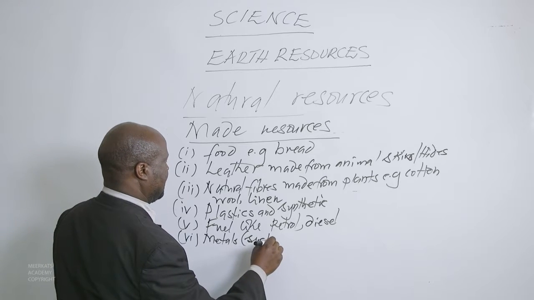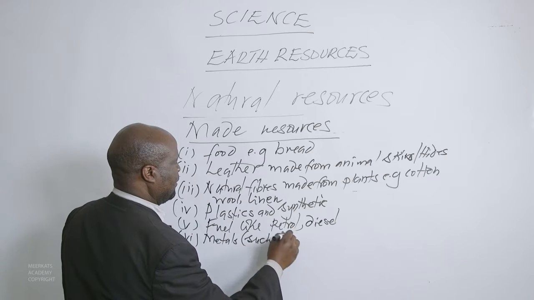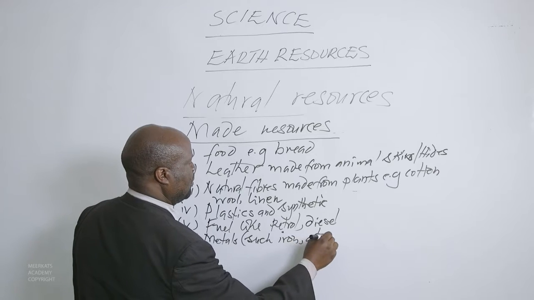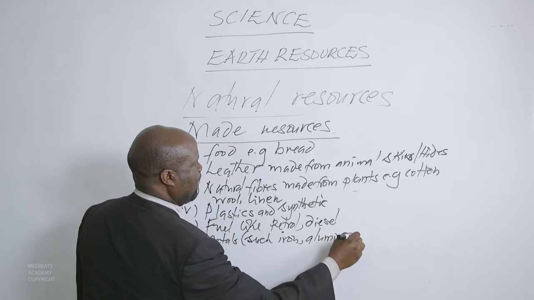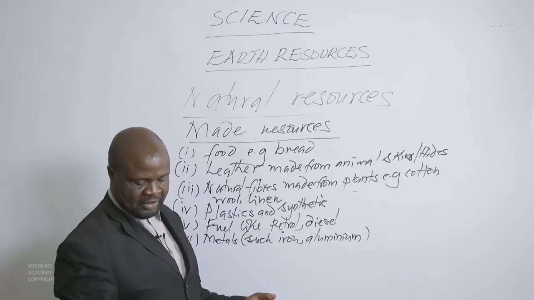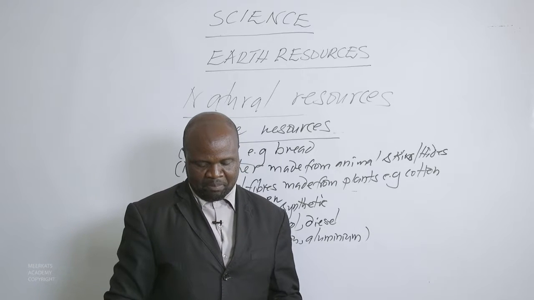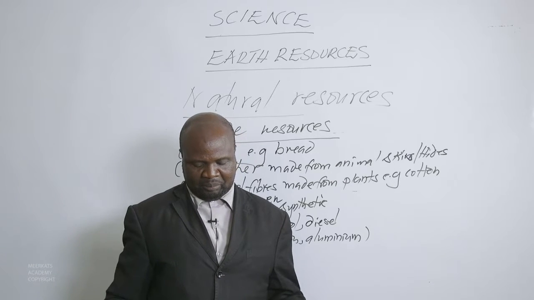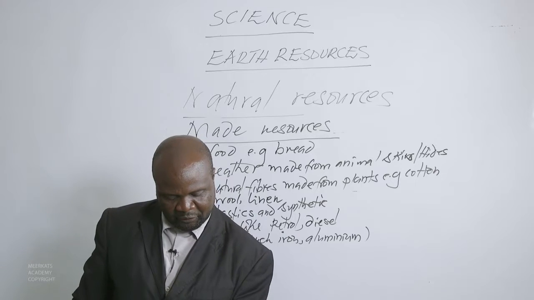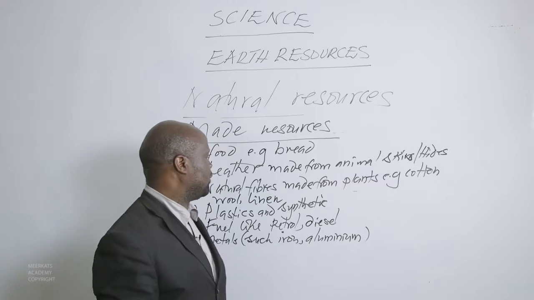So metals such as iron, aluminium are made from minerals found in rocks.